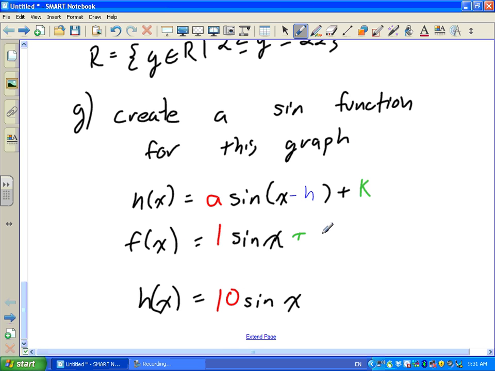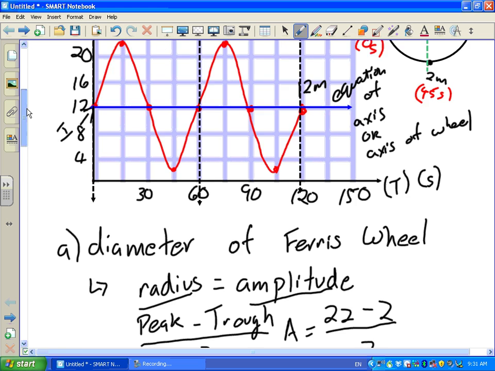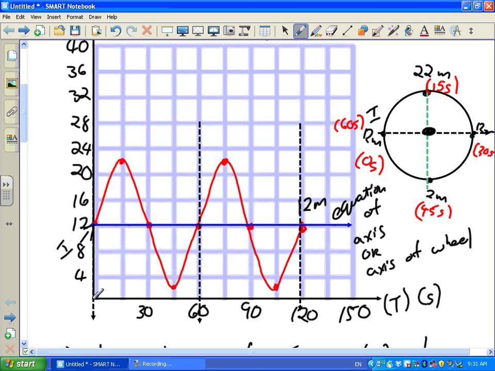K is normally, on our original sine function, anyone know? 0. We start on 0 on the y-axis. That's where our equation of the axis is normally on a sine function, guys.